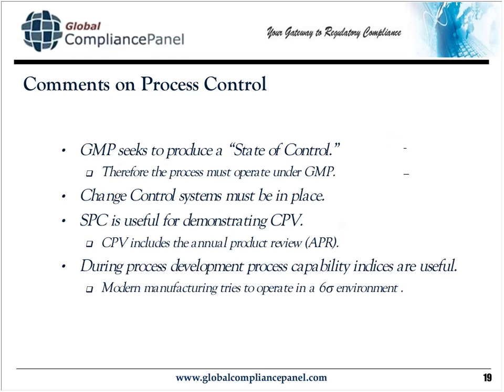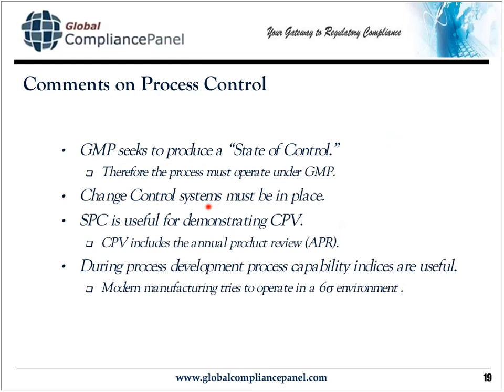Now, the comments on process control. First of all, remember that GMP seeks a state of control. That's one of the whole reasons behind the GMP rules, is that you want a process that operates in a state of control.